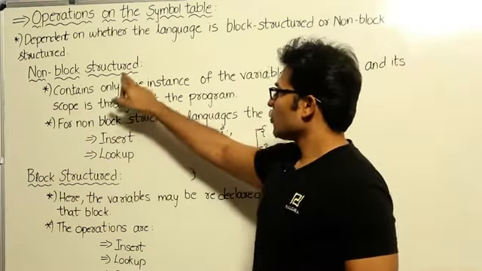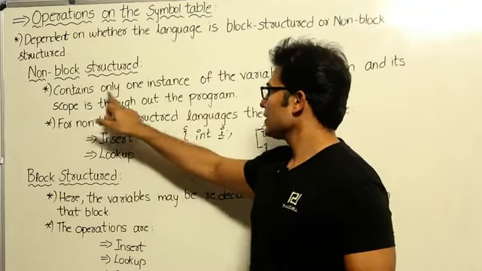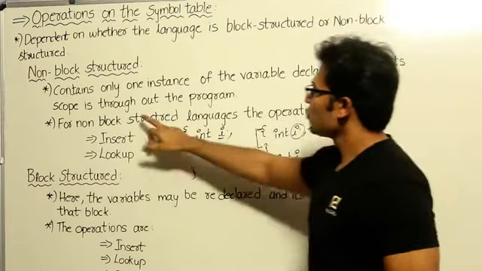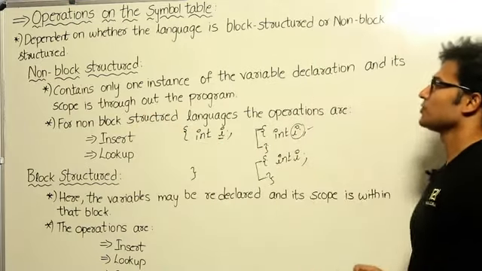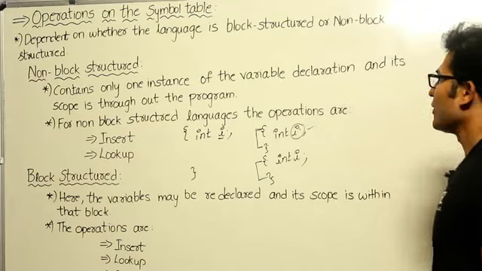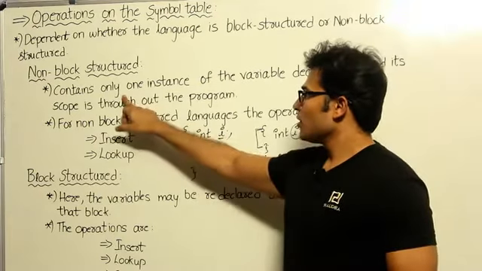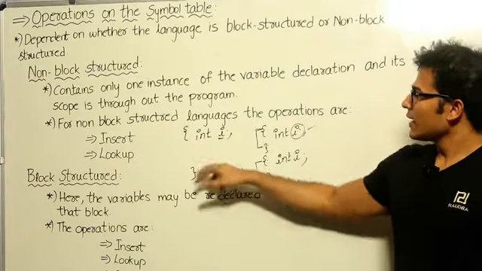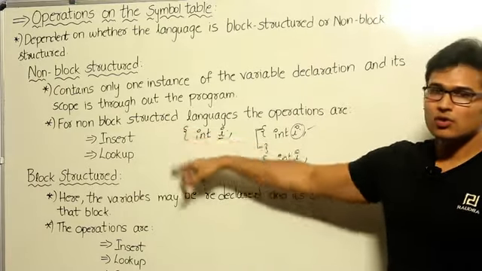Now in case of non-block structured, it contains only one instance of the variable declaration and its scope is throughout the program. So what we are trying to say here is, we are going to declare every variable exactly once, and its scope is going to be throughout the program.